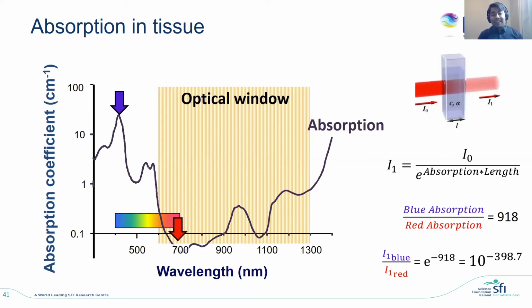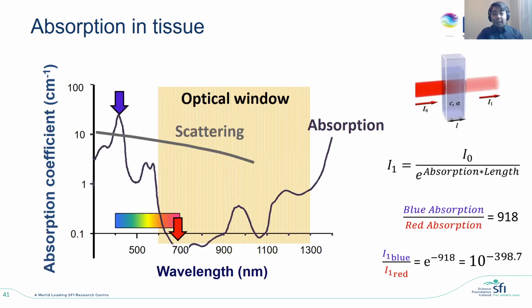So as you may think, the wavelength matters when you are looking at light penetration in tissues. And if you look at how much scattering will attenuate the transmitted light, it is around here. The typical value is around 10 centimeters minus 1 for several wavelengths.